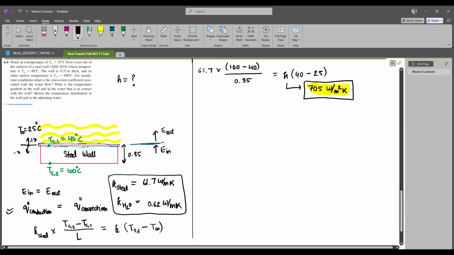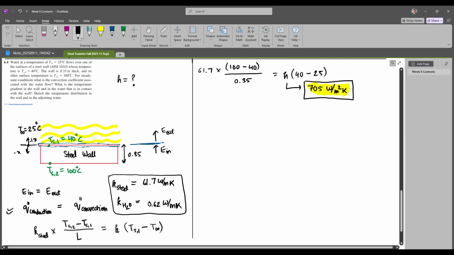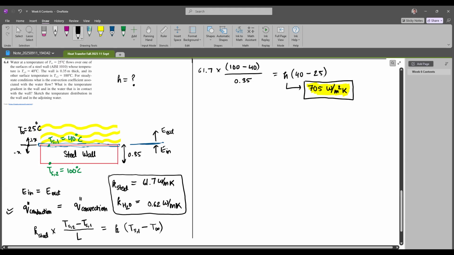Okay, so now H is done. What is the temperature gradient in the wall and in the water that is in contact with the wall? Okay, temperature gradient. So it is dT over dx, right? But at the surface, at the intersection point of the steel and the fluid. They're asking temperature gradient in the wall.